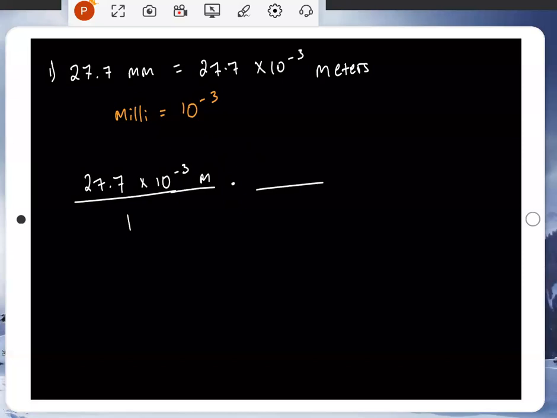There are 1,000 meters in 1 kilometer. So when you cancel it out to get meters and divide here, we will get 27.7 times 10 to the negative 6th.